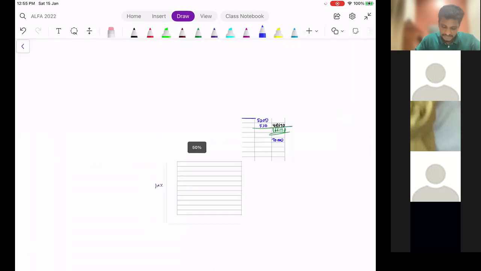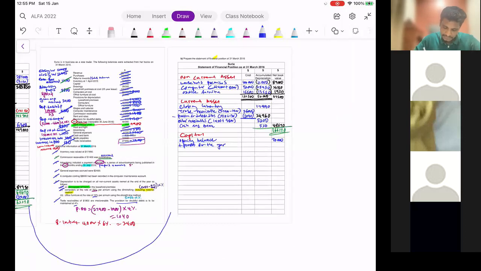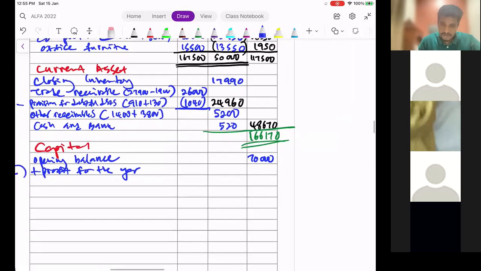From where do you get the profit for the year? Profit for the year from here, from the income statement. So I write here 62,270. 70,000 plus the profit 62,270, I get 132,270. Understand?